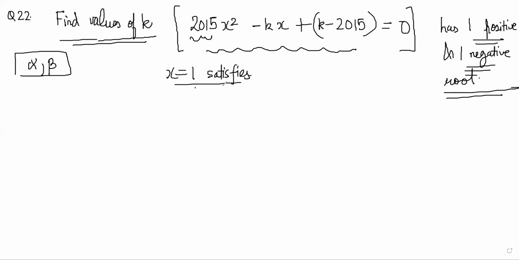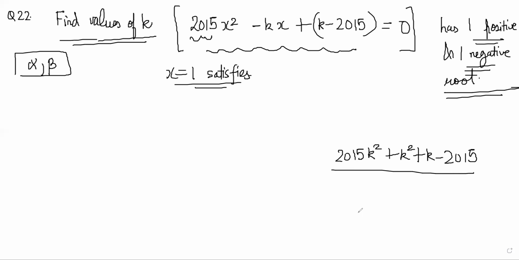If you put x is equal to minus k, what is happening? 2015 k square plus k square plus k minus 2015. That is not necessarily 0, right? Yes, right.